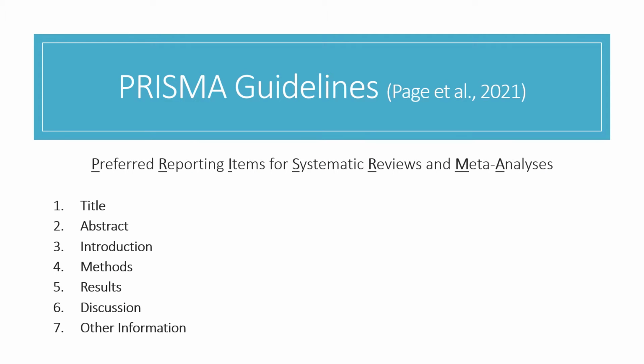Before we get into the specifics of my project, I just wanted to note that both my project and this PowerPoint follow PRISMA guidelines, which are a way of reporting systematic and meta-analytic reviews. The acronym is spelled out there if you'd like to read it. It is broken down into 7 sections, and we will work our way through those.